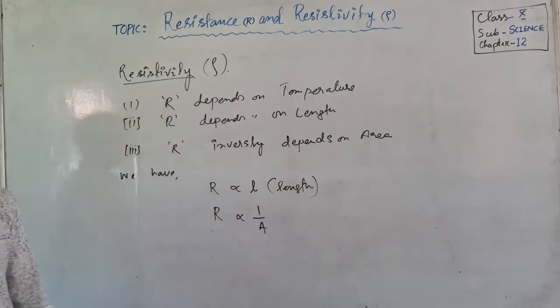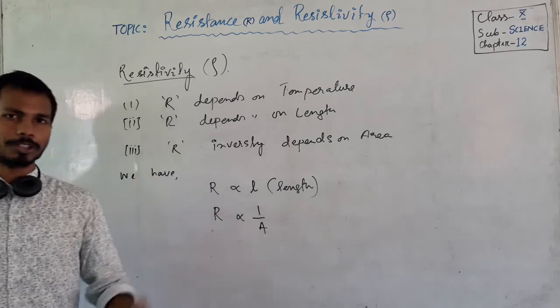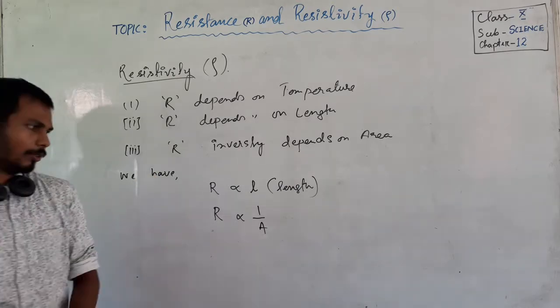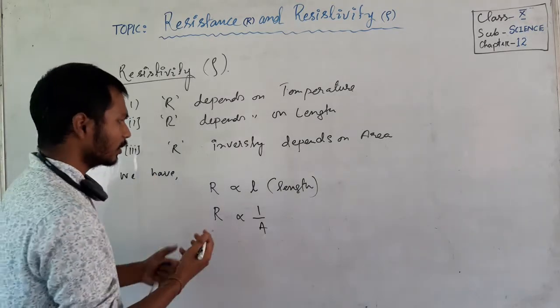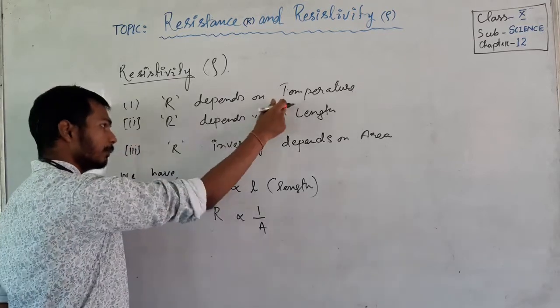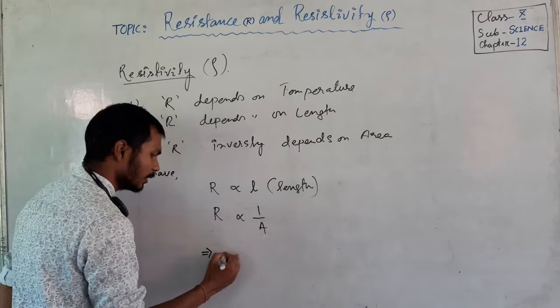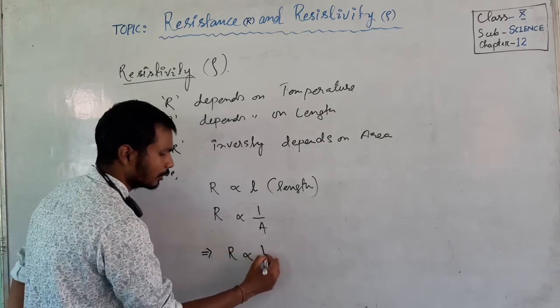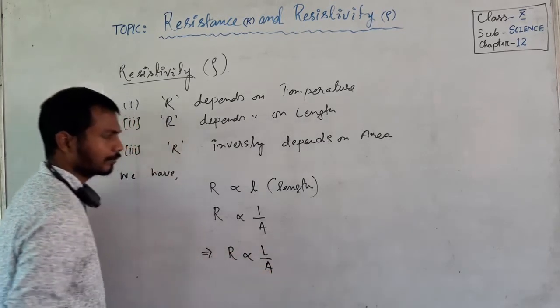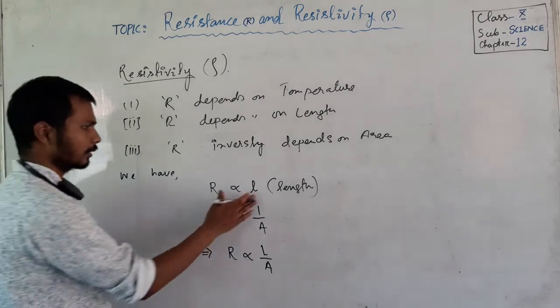This area is the area of cross section of the conductor, or we can say wire. Now combine these two. No need of writing temperature. This implies that R is directly proportional to L by A.